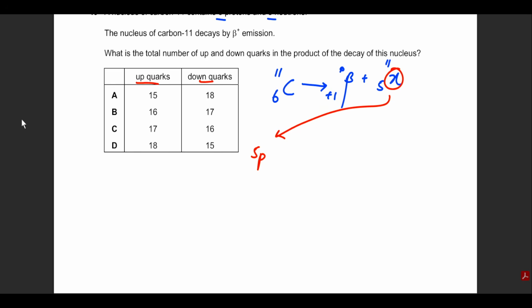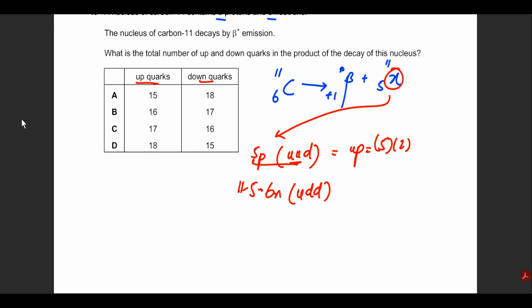So it has 5 protons, which are made out of 2 up quarks and 1 down quark. And if I were to count the neutrons, that will be 11 - 5, which is 6 neutrons, made of 1 up quark and 2 down quarks. So all the up quarks should be 5 into 2 plus 6 into 1.